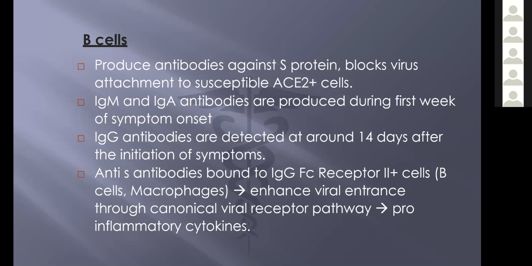During the antibody response, at first IgM and IgA antibodies are produced during the first week after the onset of symptoms, and IgA antibodies are fundamental to mucosal defense. Next come the IgG antibodies, which are detected around 14 days after the initiation of symptoms.